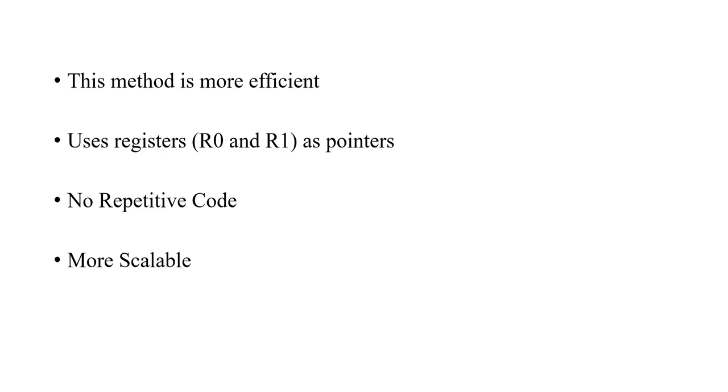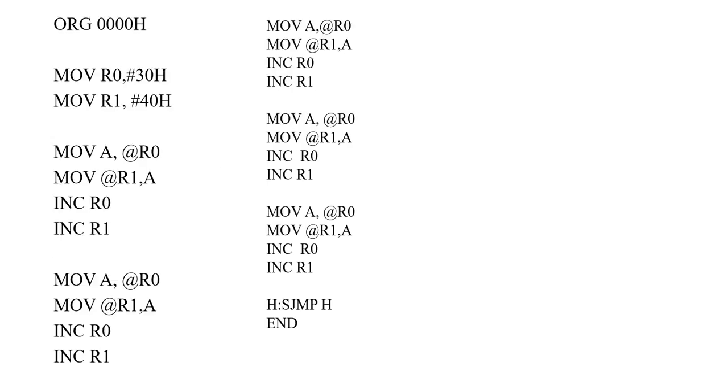And here you don't have any repetitive code, that is instead of manually specifying each memory location like in method 1, the program uses registers and pointer increments to handle multiple data transfers automatically. This method is more scalable than method 1 as it can be extended easily for larger data sets with minimal changes.